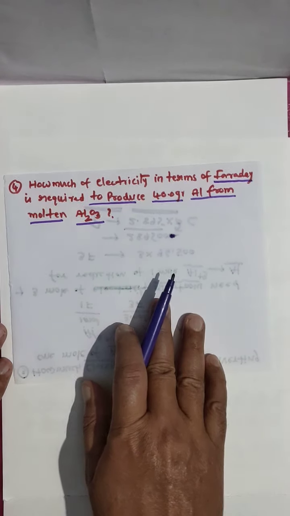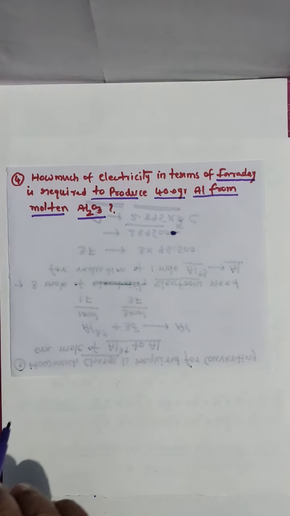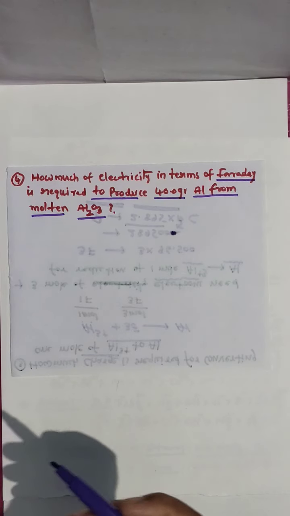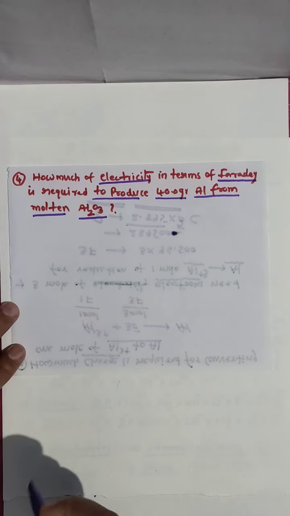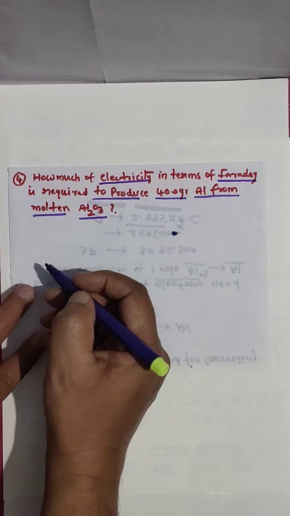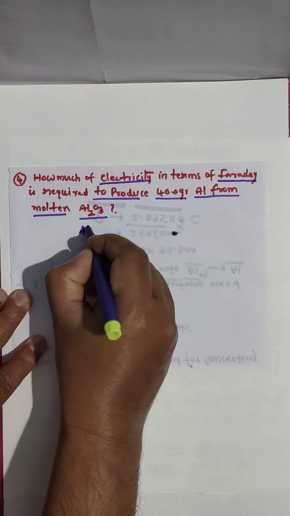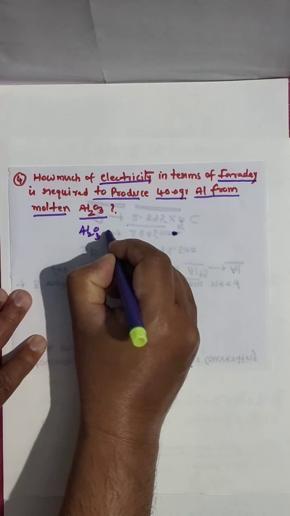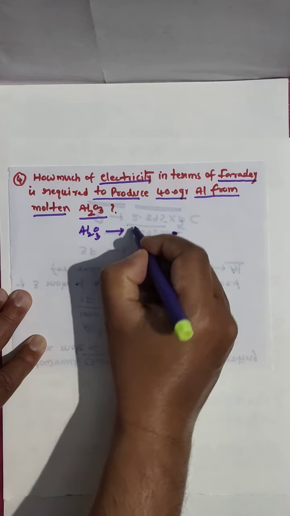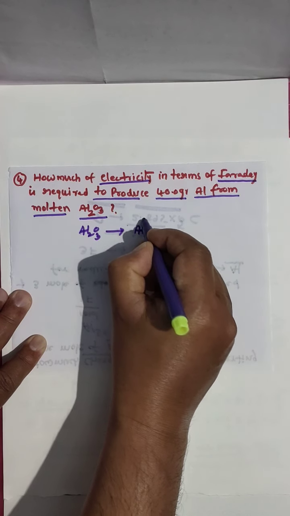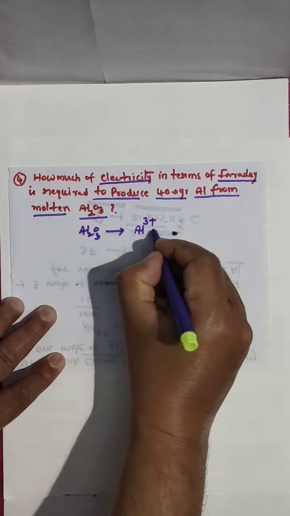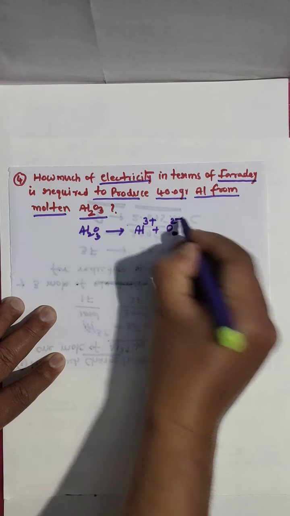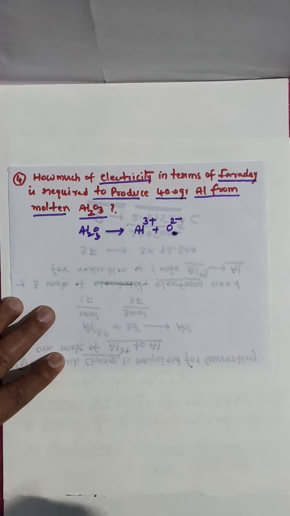They gave alumina, and from that how to extract 40 grams of aluminum, and for that how much electricity you have to pass. See, now you can write the equation. Al2O3 gives Al3+ aluminum ions plus O2-.